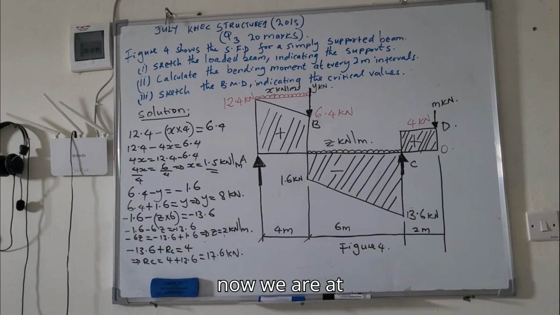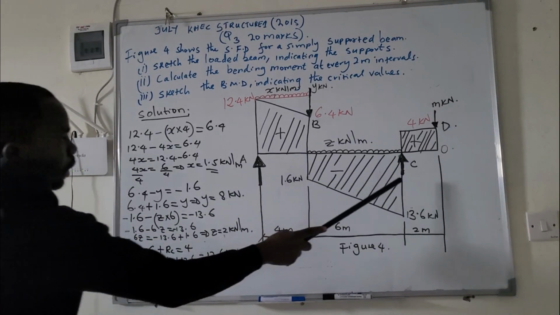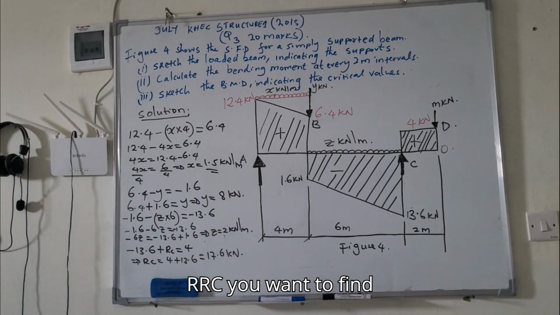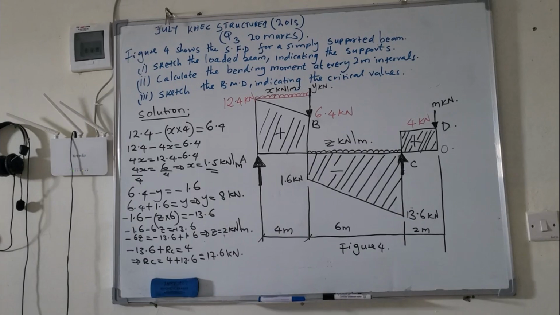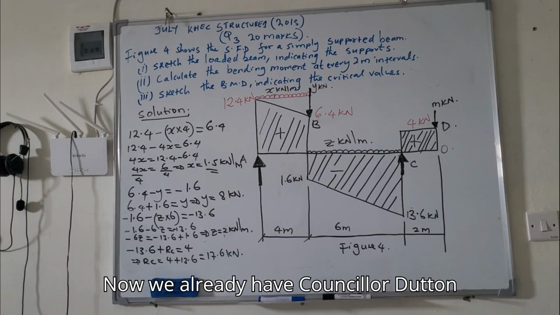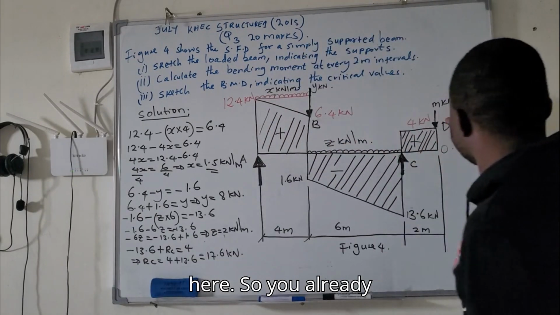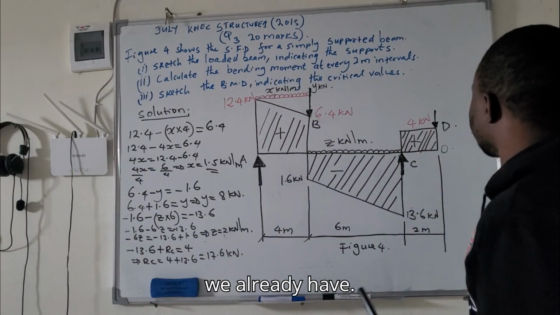Now we are at RC. We want to find the loading at D. Now we already have 4 kilonewton here.